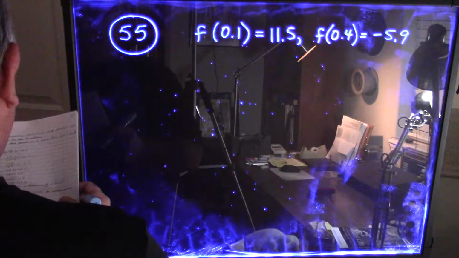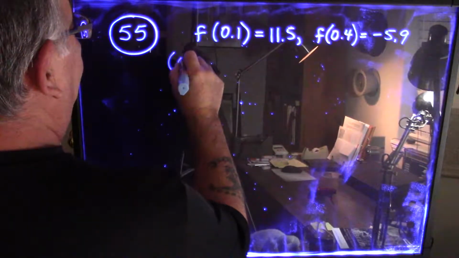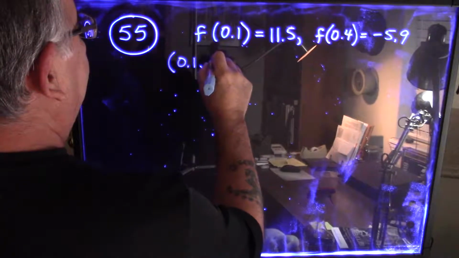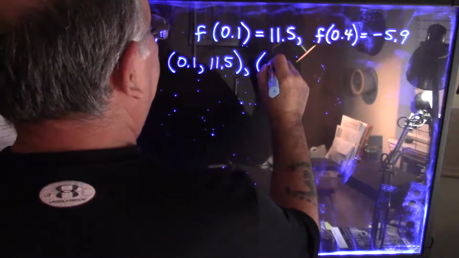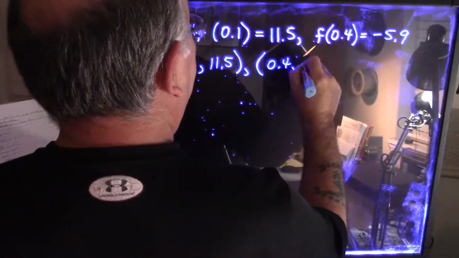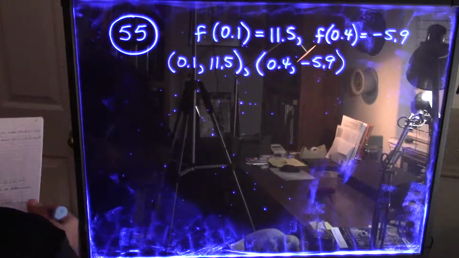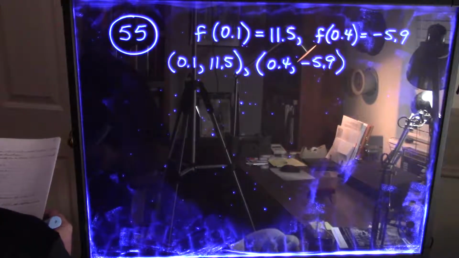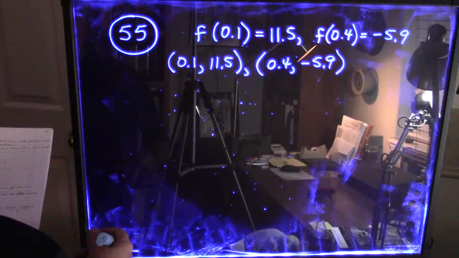So that gives us 2 points: (0.1, 11.5) and the other point (0.4, negative 5.9). It's a linear function, they tell us, so we find the equation.